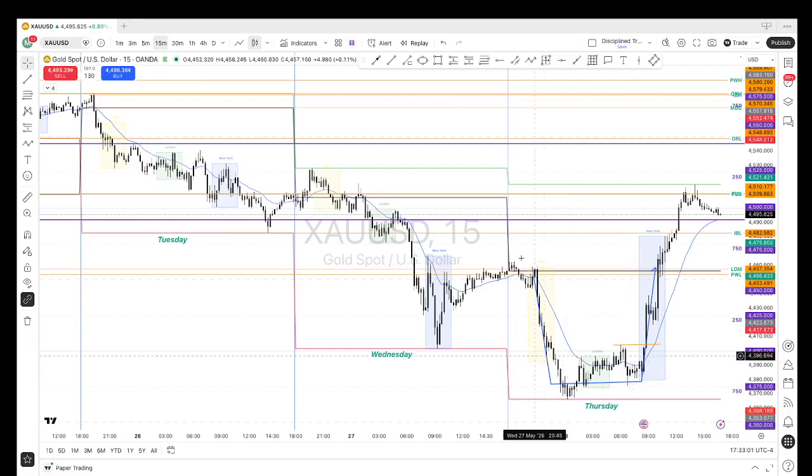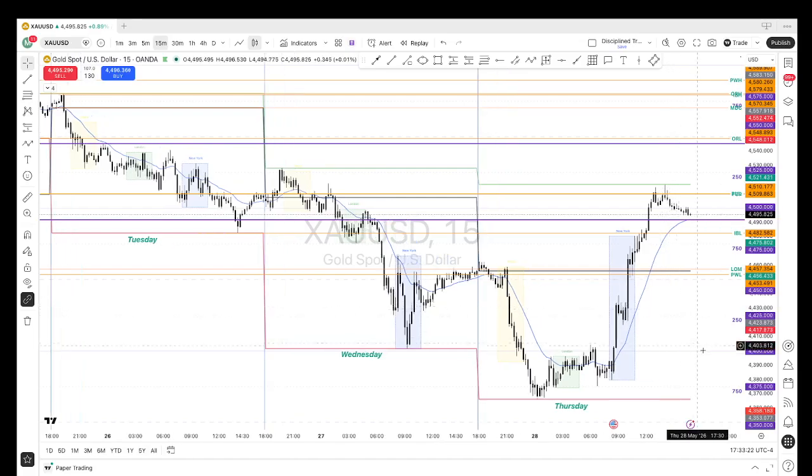Dump, coil, dump, consolidation, pump. Broke above our high, entry, level. When the pattern presents itself, it's go time. Oh my goodness, bro. That's it. That's Thursday. I'll make a video Friday, possibly. We'll see. That's it.